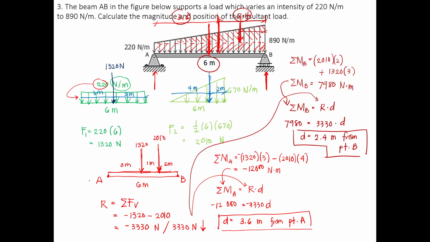Okay, so again, in this example we just added an extra step by getting the component forces. The next is we got the resultant force. The next is we got the moments. So it could be a moment from A or moment from B, as long as you place a description at the end of the answer if you have more than 2 points.